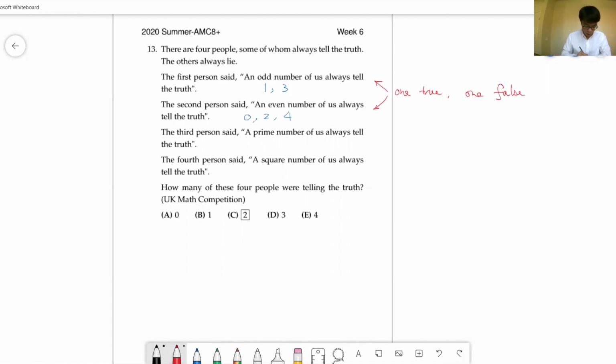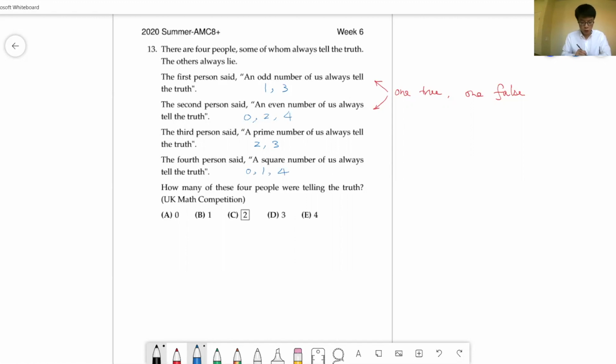All right. Next, let's consider the third person. A prime number of us always tell the truth. So that corresponds to 2 or 3. We only have these two prime numbers from 0 to 4. The fourth person said a square number of us always tell the truth. For square numbers, we have 0, 1, and 4.